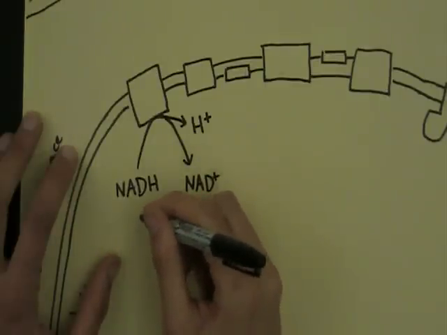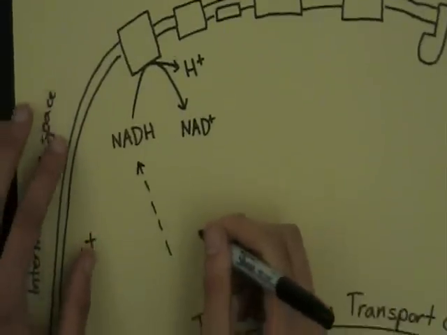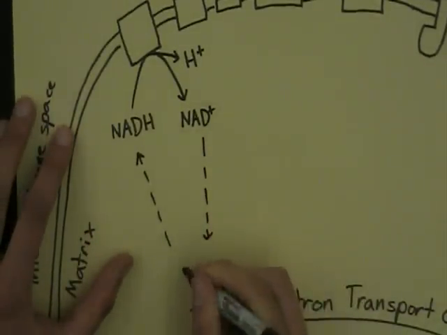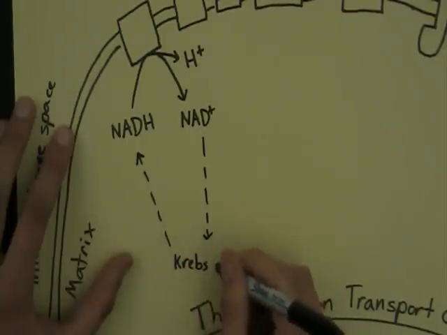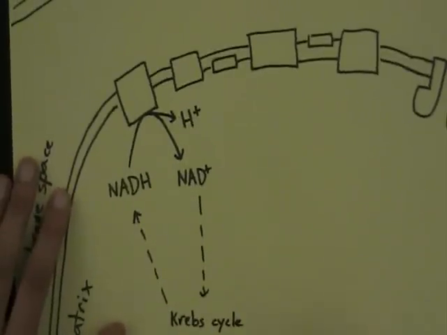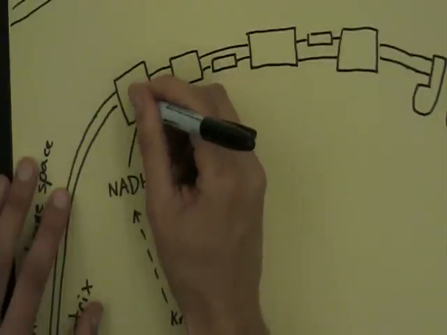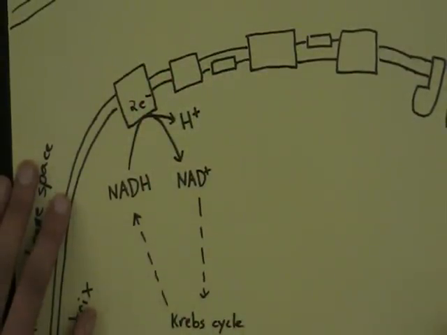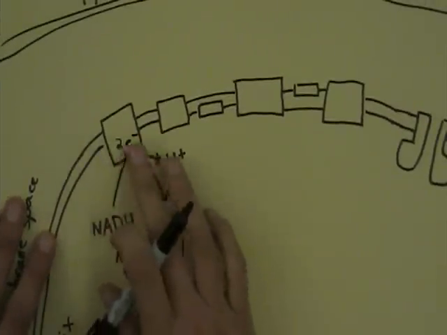Now this has come in from the Krebs cycle, so I can just write that in here, like so. Now NADH carries 2 electrons, so let's write this in here, 2e-, like so. So it's given up its electrons and passed them onto the electron transport chain.